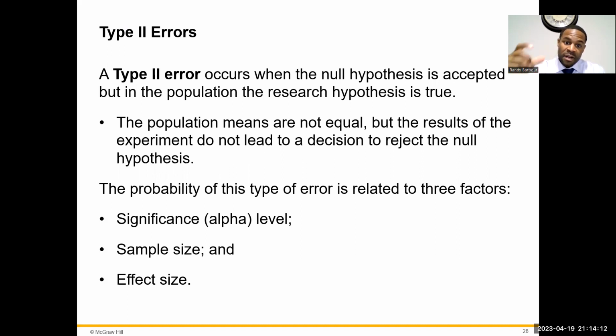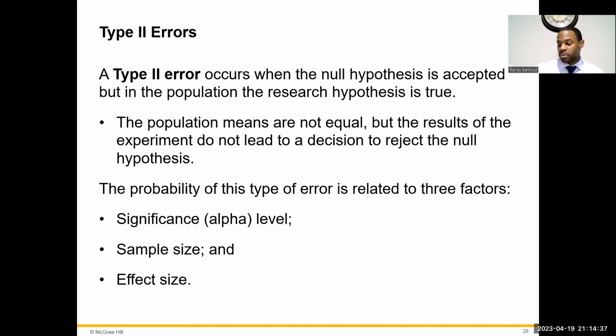But again, the probability of this type of error is related to three factors: your significance level, your sample size, and your effect size. And we'll talk about effect size here shortly, a little bit more in detail, and power, okay? But again, significance level, when you increase in one area, you're decreasing your probability in another area, right?